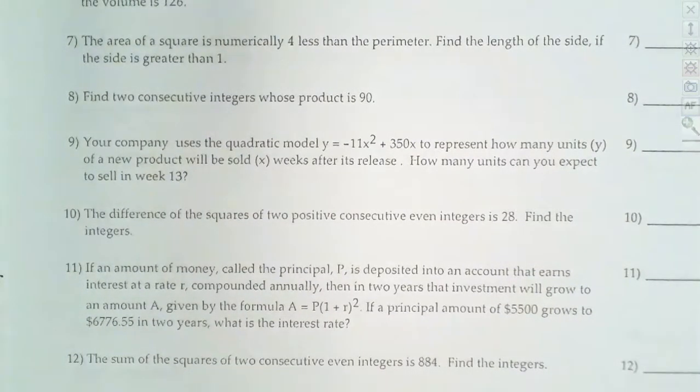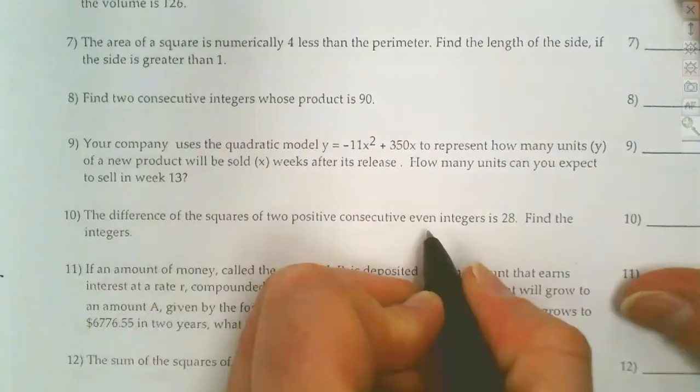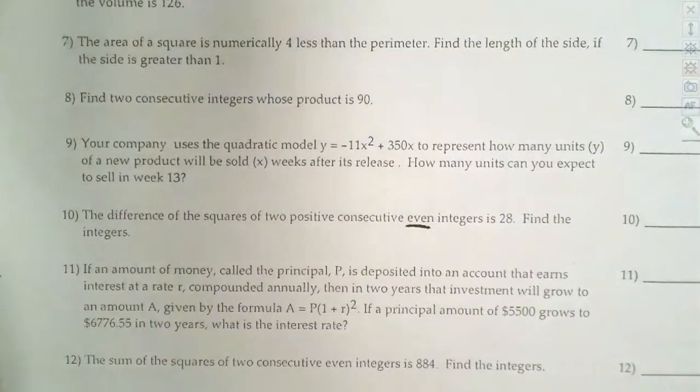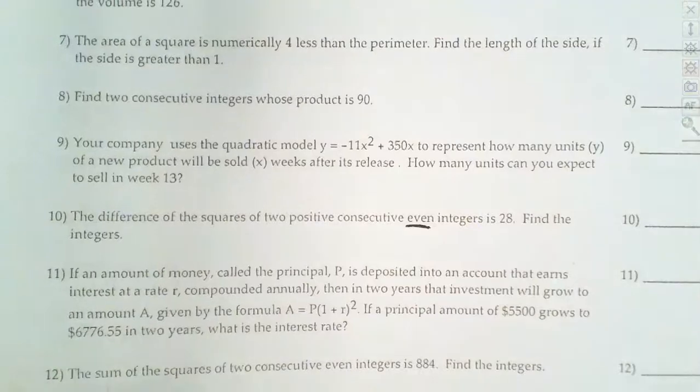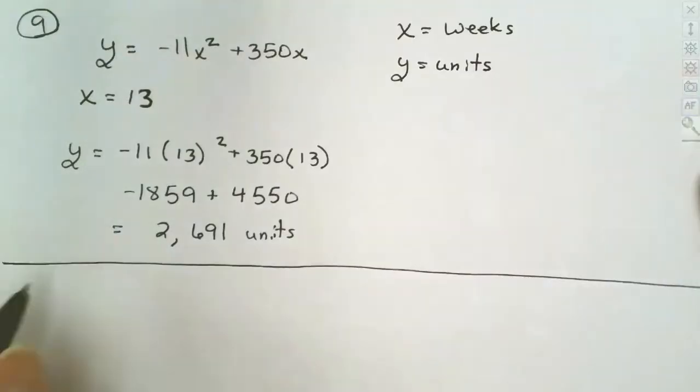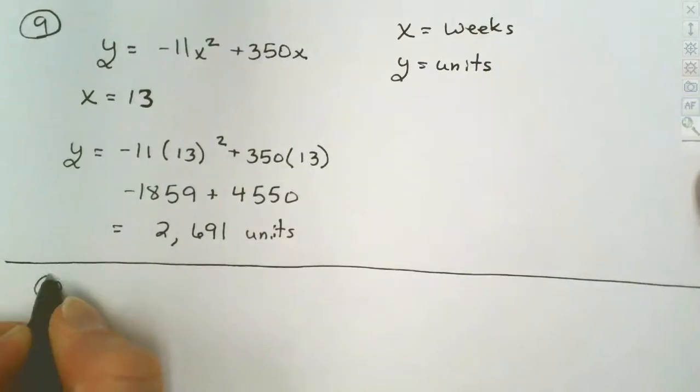So the difference of squares of two positive consecutive even integers is 28. We want to find the integers. So first off, how many integers do we need? Well, we need 2 of them. So this is question 10. Now these are even.